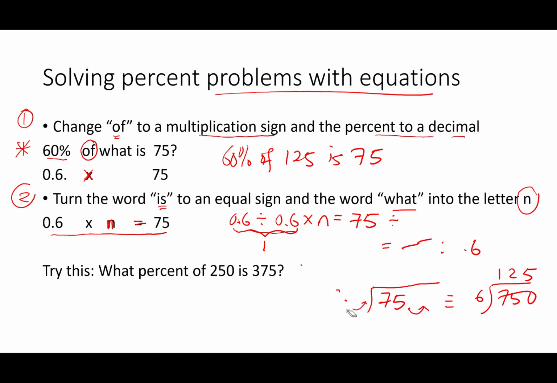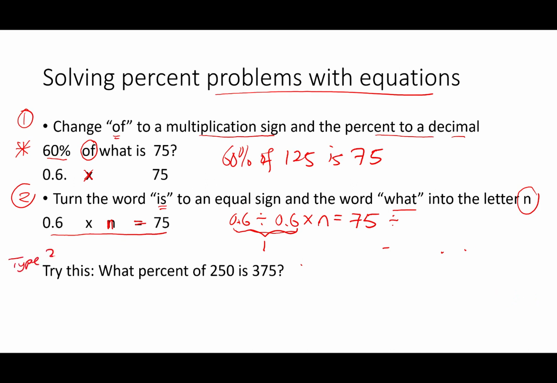That's how we do the mathematics. Let's try this one. What percent of 250 is 375? This is type 2. We can follow the same steps. We change "of" into multiplication, and then 250. Now write 375 here.